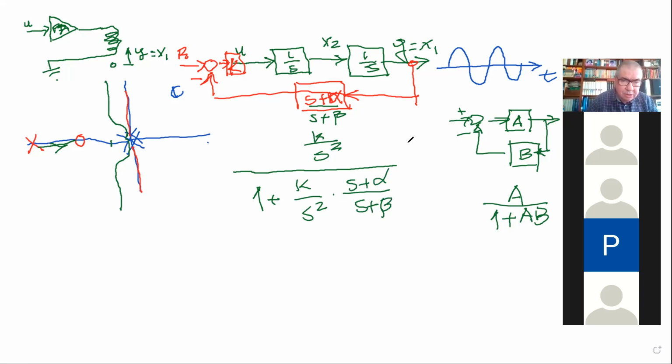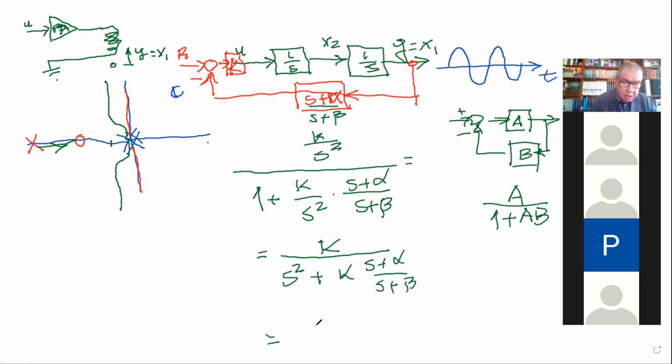Okay, so this is what you have: K, and you have S squared plus K, S plus alpha, S plus beta.